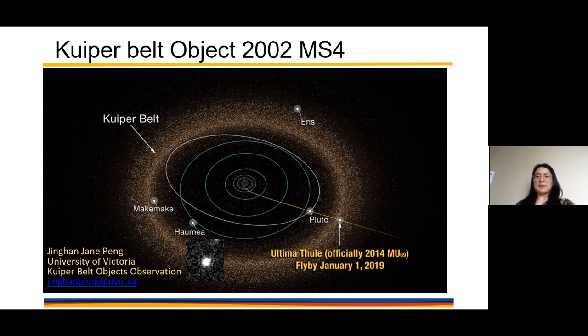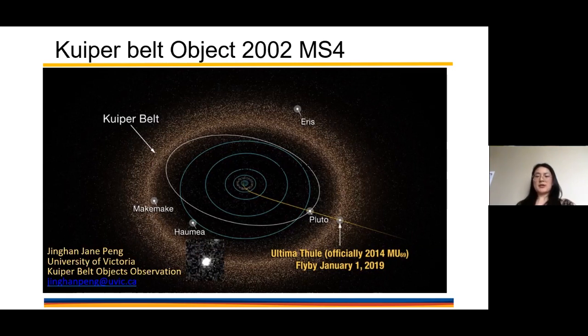So by observing it and plotting a phase diagram of it, we can learn about its surface property and therefore comparing it with other objects and therefore learn about the solar system evolution and the relationship to it.